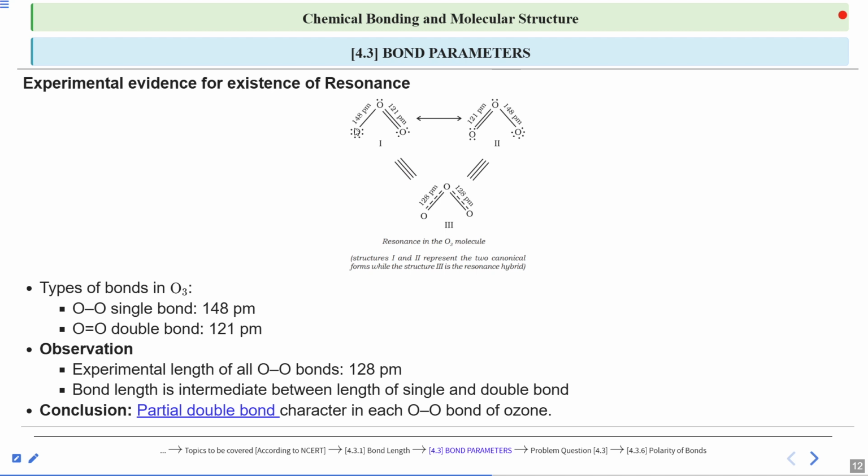It is not for this O3. I am taking a general case, if the oxygen has a single bond. Because here you know that the O bond is not single, neither double. It is between the two. So again I am repeating it: since this bond is single, the bond length is increasing, and where the bond order is increasing, the bond length is decreasing. They have an inverse relation between the two. I hope this is clear to you.